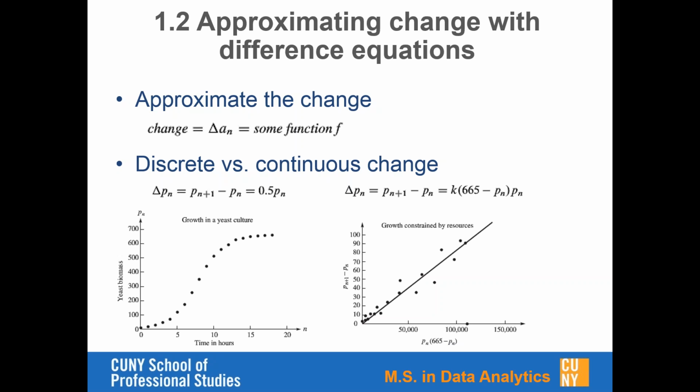Apparently you can see that the first one is linearly proportional to the previous observation, but the second one is no longer linear, it's quadratic in the previous value, right?